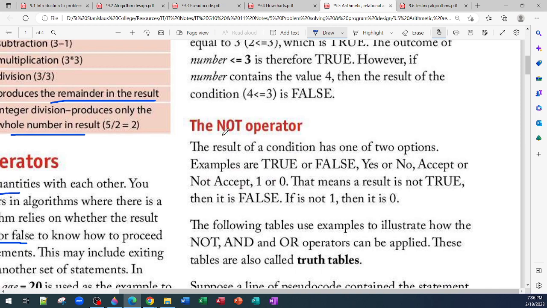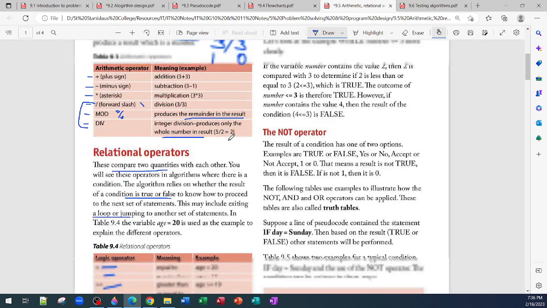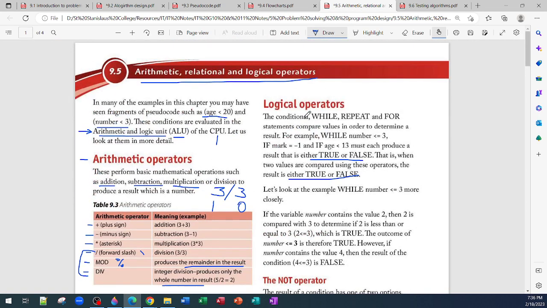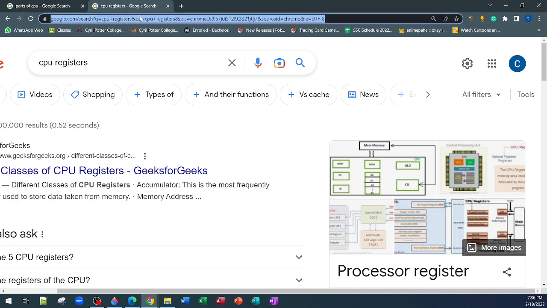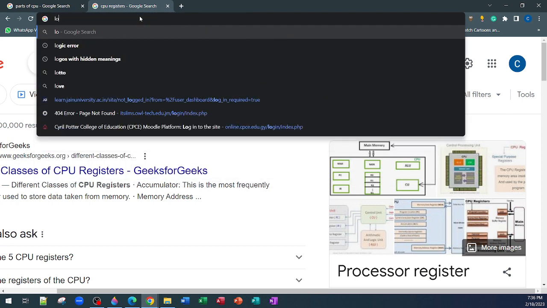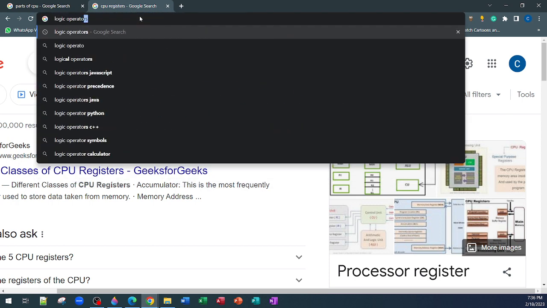Now, let's look at the not operator. So when it comes to these logic operators, there are a few types of them.